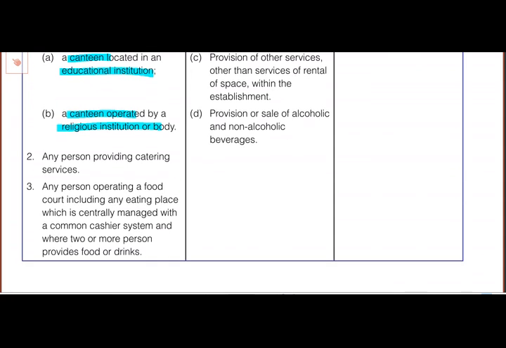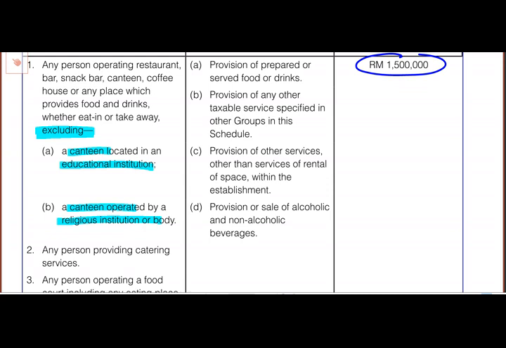Now, if you notice the taxable service that you offer is the food and drink, and any other taxable services that are in other group, they're together. So you say like, my restaurant offers manicure.